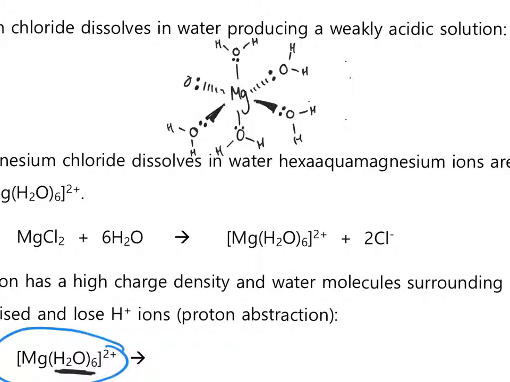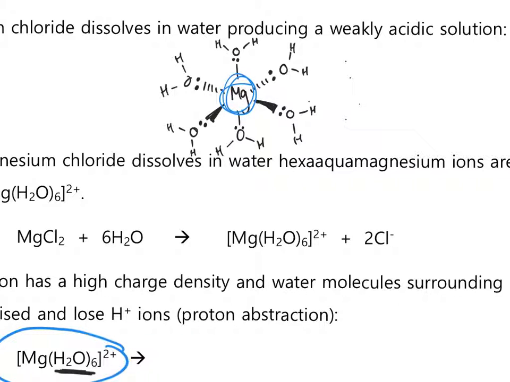Okay, so for something to be a ligand, it has to have at least one lone pair of electrons that it can coordinate bond to your metal ion with, and it's the fact that the metal ion has an empty orbital. We'll see that with our transition metals. It's always an empty d orbital that the ligands can donate that lone pair of electrons into and form the coordinate bond. Now, the reason I have 2+ is because of the magnesium.